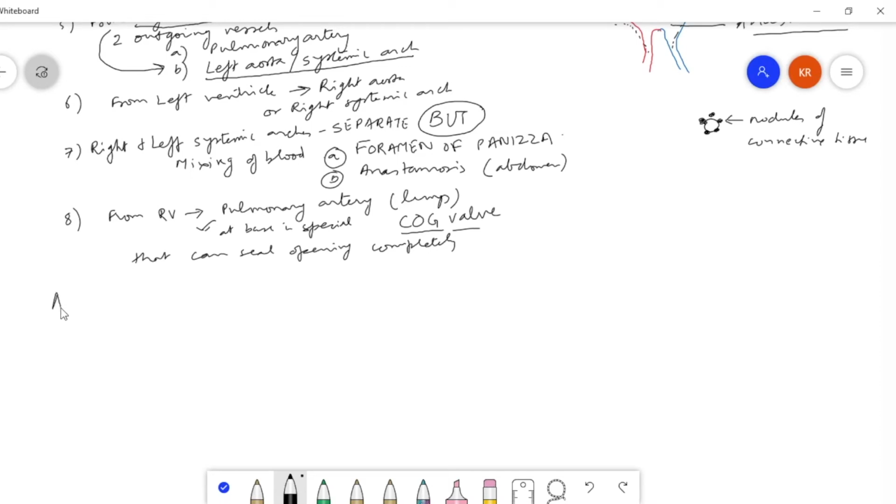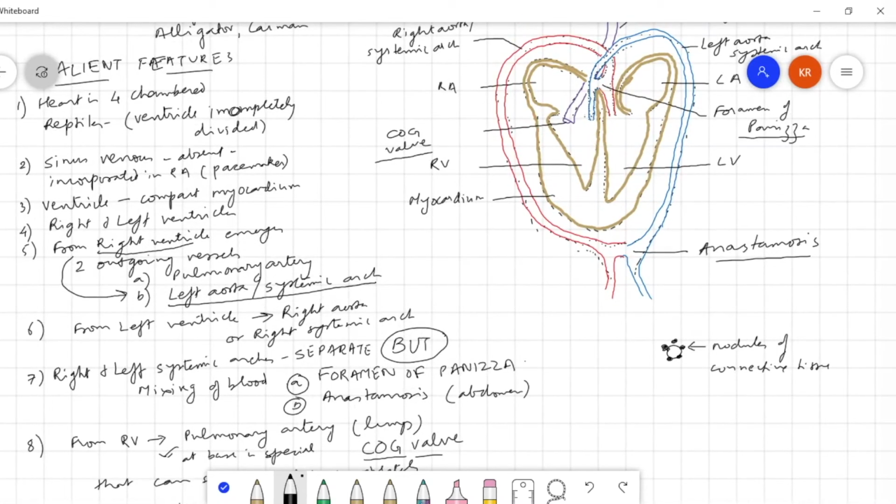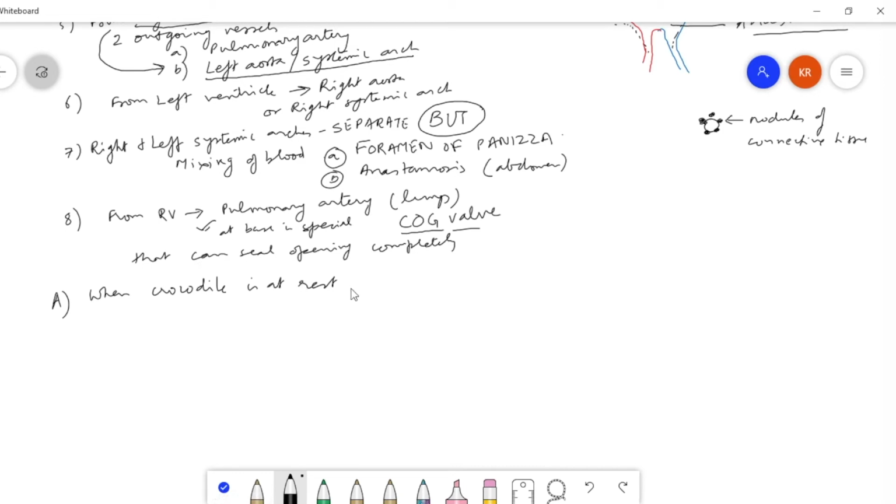So when the crocodile is at rest, deoxygenated blood from the inferior and superior vena cava enters the right ventricle, and from there it gets partly divided.